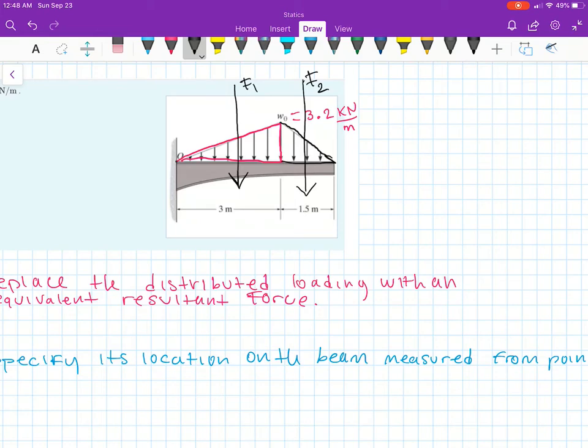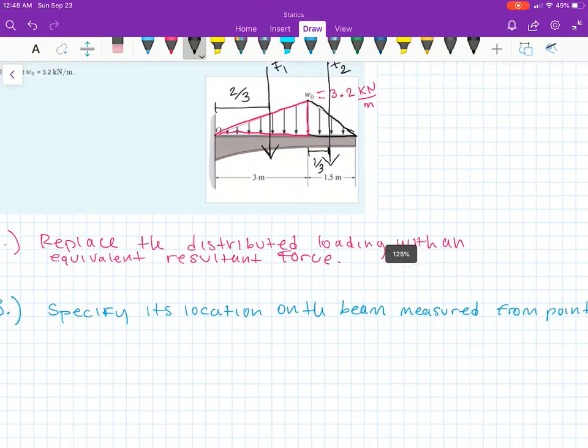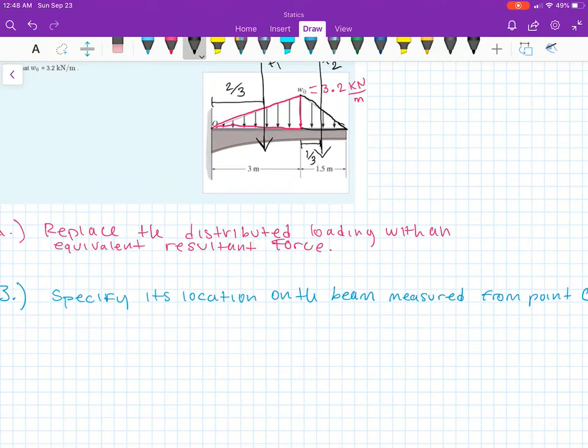Okay. We know in the triangle the distance from here to the force is 2/3, and from here to here it's 1/3. You just gotta know that. Okay, so let's get started.